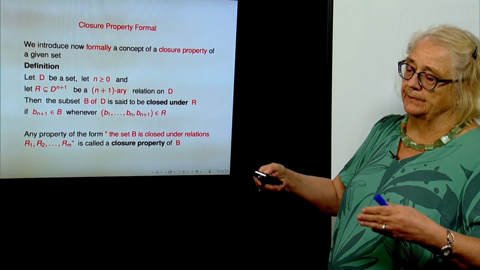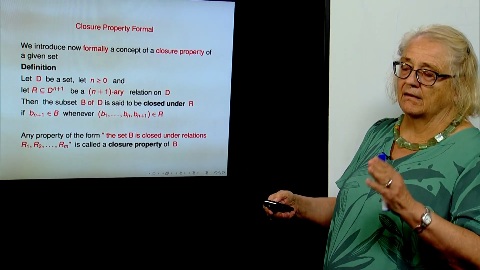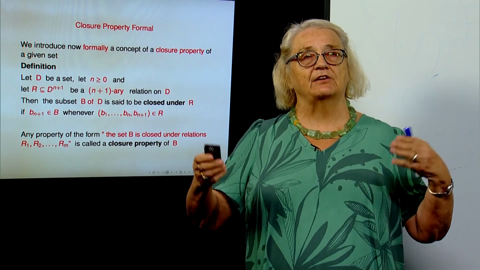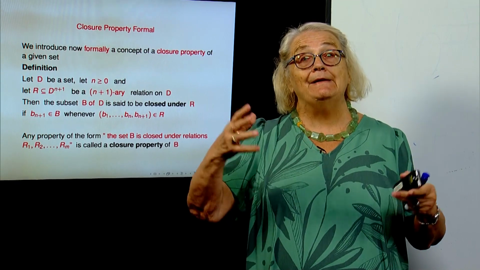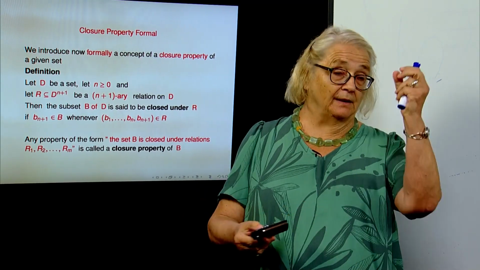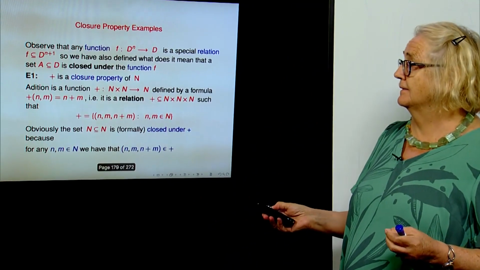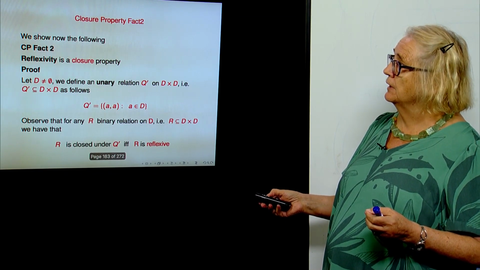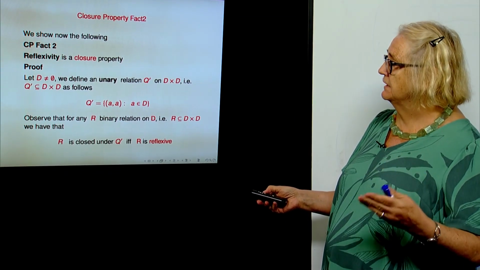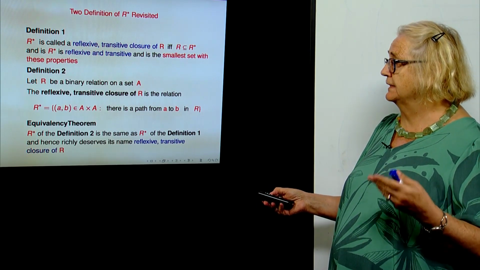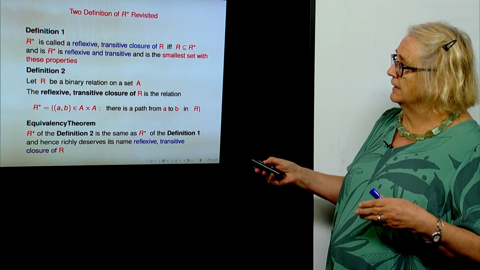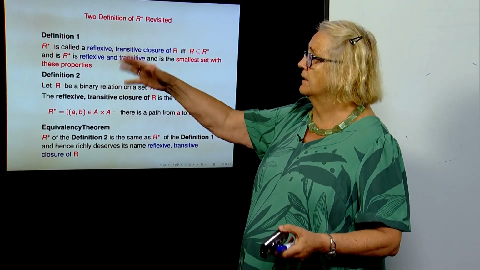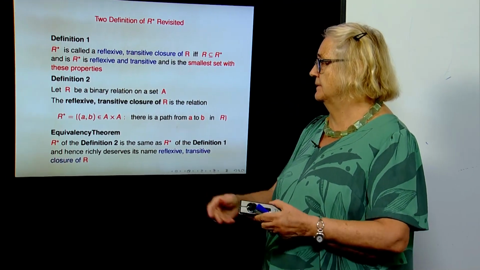And we'll use that notion: for a given relation R, R star is the reflexive transitive closure of R, and really it represents a path between elements. And then we talk about the closure, reflexivity, whatever other closure properties, and we can prove that different definitions of the path are equivalent.